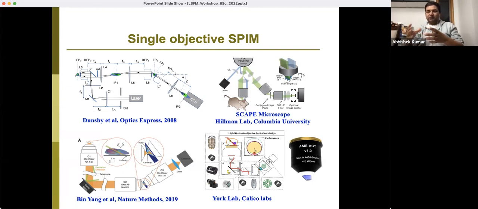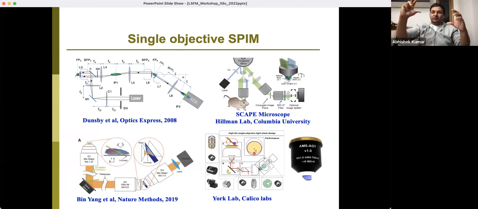Part of this lens you can use to bring the light, and the other part of this lens, you use to collect the information. So you illuminate your sample at an inclined plane. But since your image plane is rotated, you can't just project this on a 2D plane.